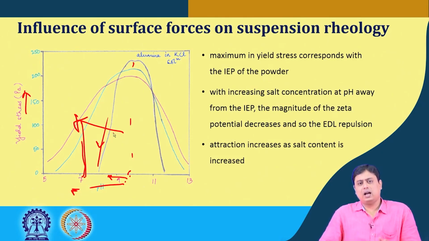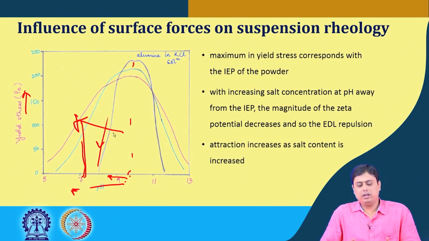So this is how the surface forces are influencing the rheological parameters of the suspension. The rheological parameters means the viscosity, yield stress, the suspension behavior and all this stuff.